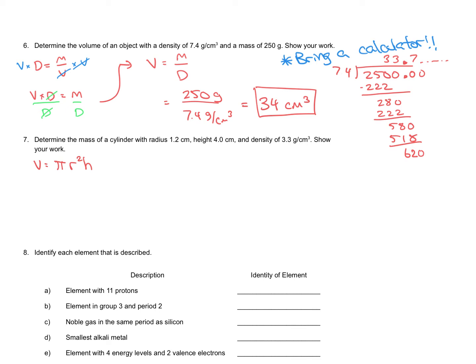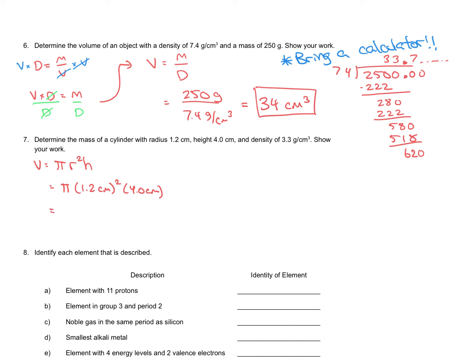And I have just opened up the drawer to this desk, and there is a calculator in there, so I can do this a bit quicker. So this will be pi times the radius is 1.2 centimeters squared, and then the height is 4.0 centimeters.